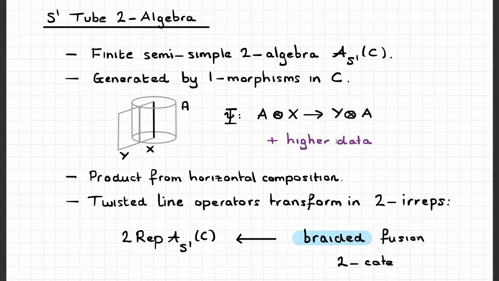And then there's further higher data that need to be specified as well. But the idea roughly is the same. It's that twisted line operators will now transform in 2-representations of this 2-algebra. And these 2-representations will form a braided fusion 2-category in this case.